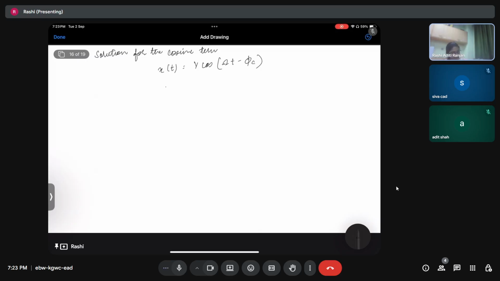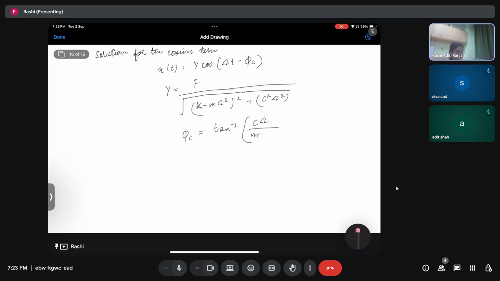Again we know capital Y is going to be nothing but f by under root of (k minus m omega square) whole square plus c square omega square, and phi c is going to be tan inverse of c omega by k minus m omega square.